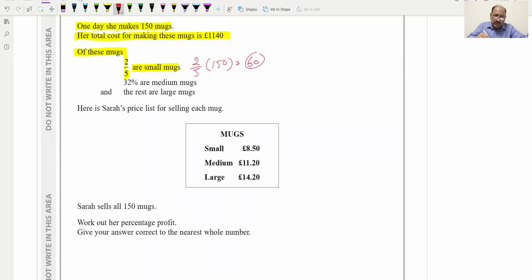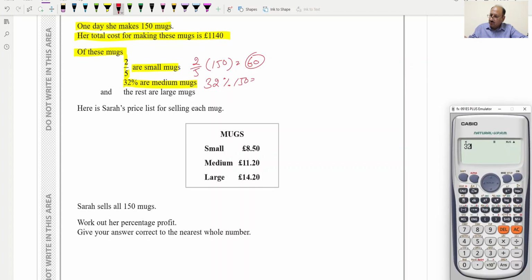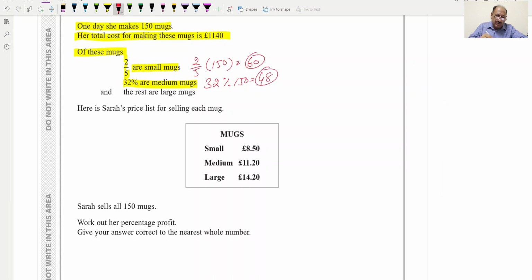So 60 are small, and they are saying 32% are medium. So we can write 32% of 150 is equal to what? This will be multiplication, and this will be 48. So 48 are medium. The rest are large mugs.